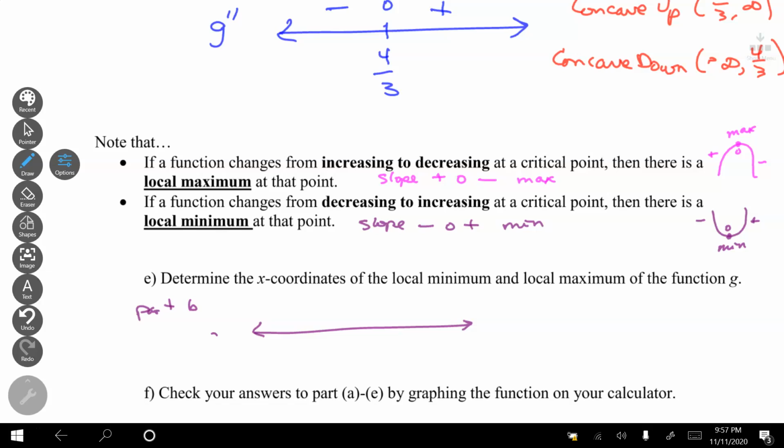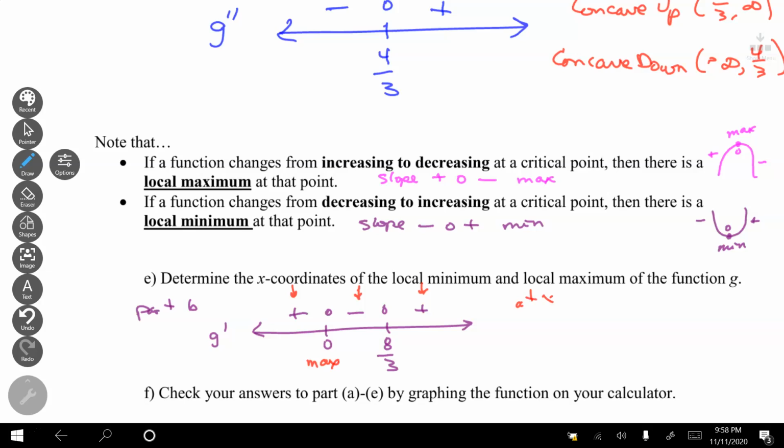So if I go back to part B, this was my g prime number line. 0 and 8/3 were on here. Those were my critical points, and I want positive, negative, positive. Right here at 0, it goes positive, 0, negative, so I said this is a maximum.